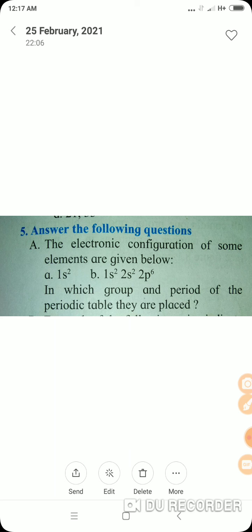Neon contains atomic number 10, so neon is placed in the second period of the periodic table. Now we have to decide in which group it is present. From the valence shell electronic configuration, this element contains 8 valence electrons, so it is placed in the 18th group of the periodic table, as it contains a complete octet or complete valence shell, and it is placed in the 18th group.